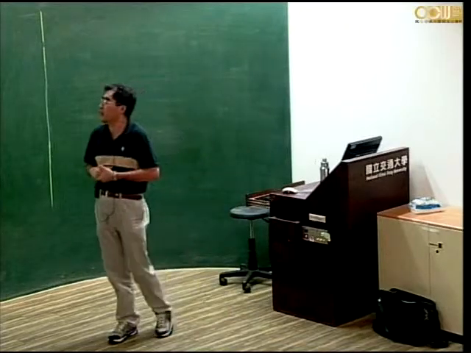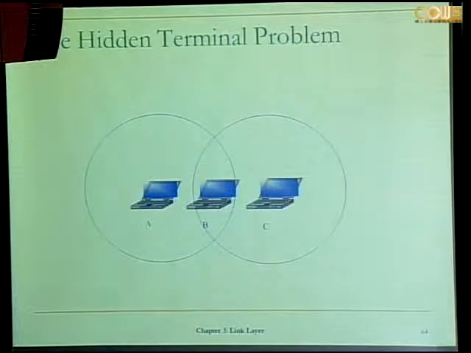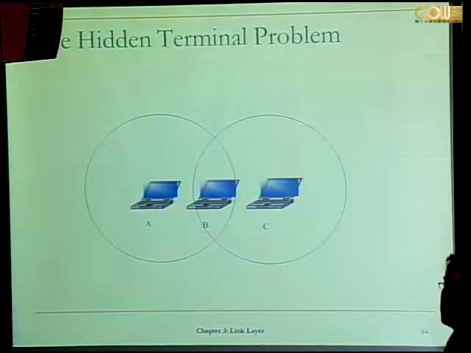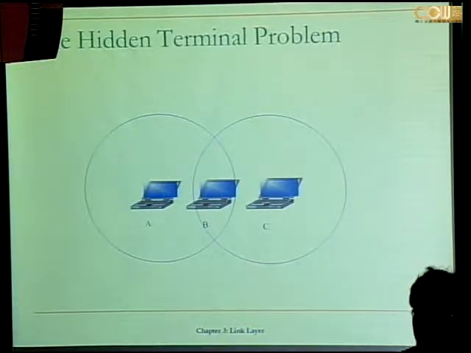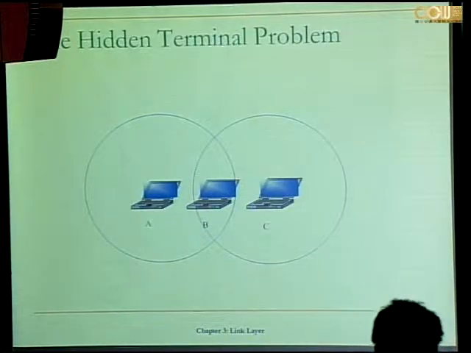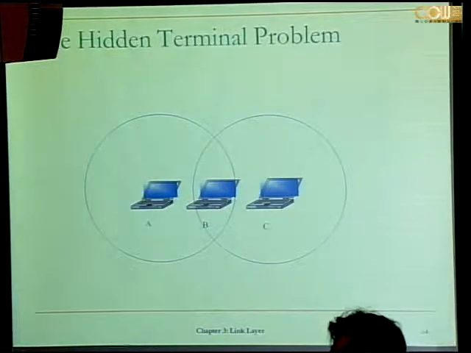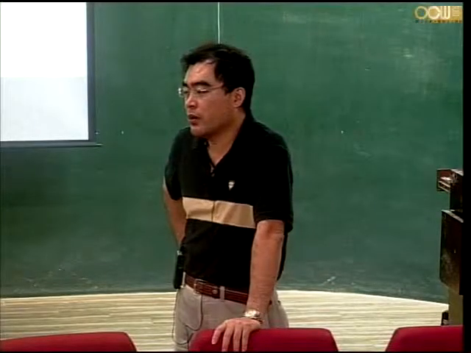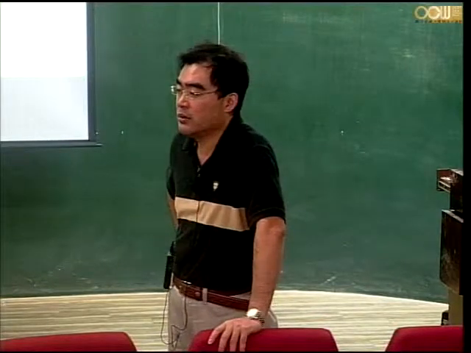A is trying to send a frame to B, and there's another station C which is hidden from A. It means that the distance between A and C is too far for the signal of C to reach A, so C is hidden from A. However, C can reach B. So if A and C are transmitting at the same time, then there'll be collision on B, right?